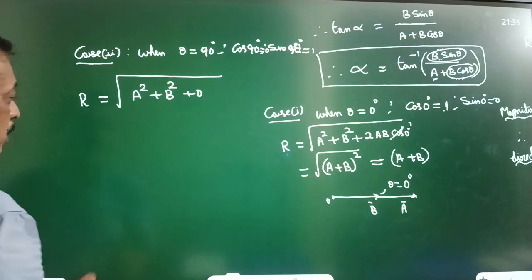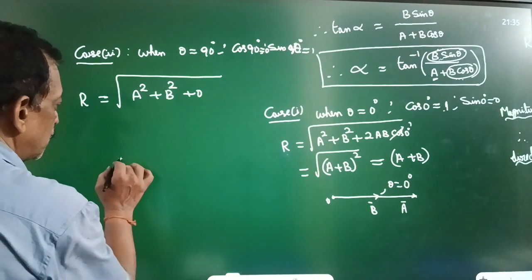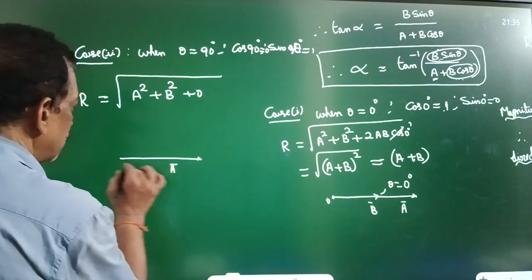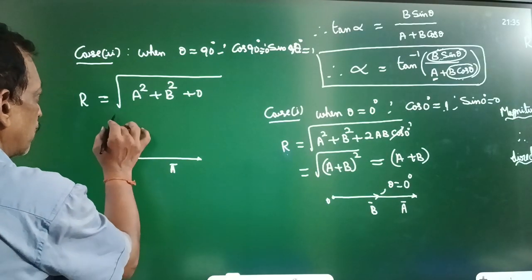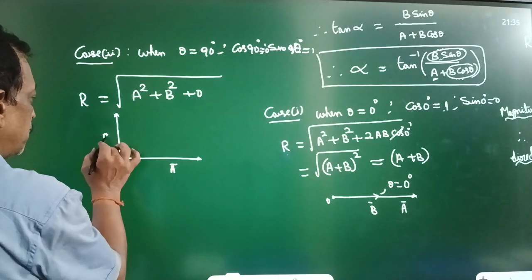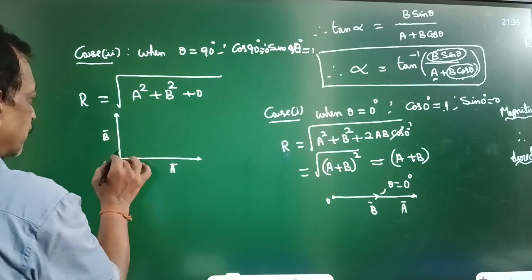So how should the vectors be? This is the A vector, they are perpendicular, this is the B vector, the angle is 90.